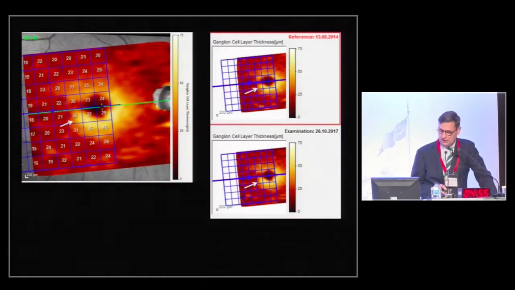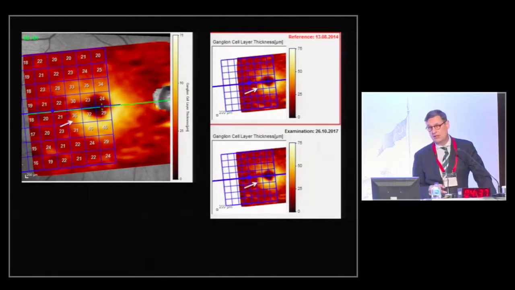In this patient, we have seen the progress, and when you look at the progress in the ganglion cell layer thickness from 14 to 17, upper and lower picture, you see in the area of the arrow that the patient is losing ganglion cell thickness and shows also progression in the macular area.